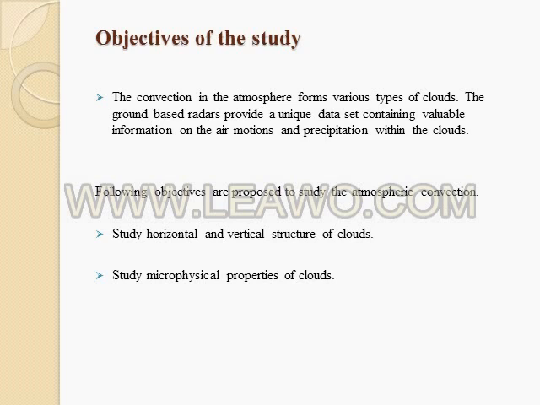One of them is to study the horizontal and vertical structures of the clouds, so we can have more information about how they are forming, how they are changing, and how they vary in the vertical and horizontal manner. The other one is the microphysical properties of the clouds. After studying the horizontal and vertical structures of the clouds, we can observe the microphysical properties of the clouds.